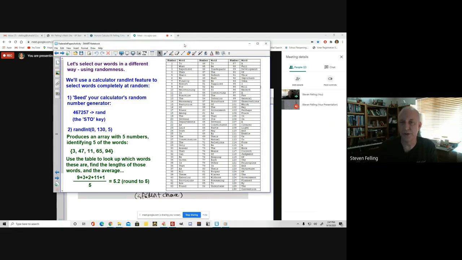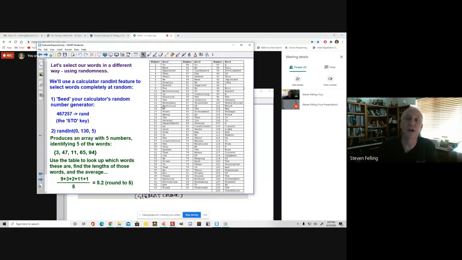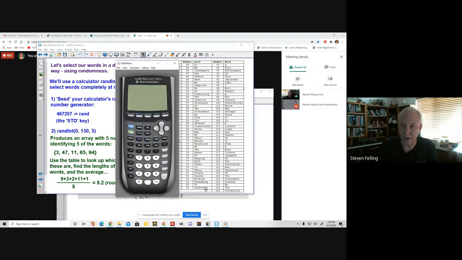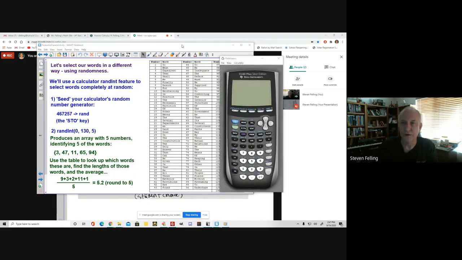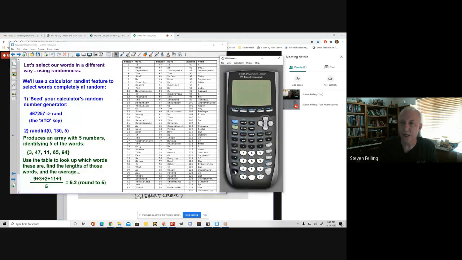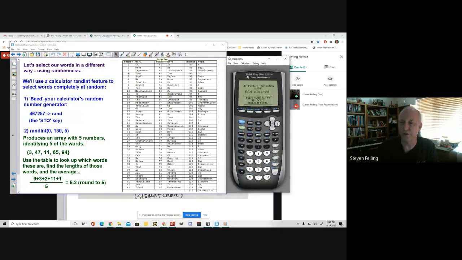So I'm going to show you a procedure you can use in your calculator to let your calculator generate random numbers. Okay, so if you have a TI-83 or 84, you can turn it on. And then the first thing you need to do is you need to seed the calculator. The calculator actually can't do anything random. It's programmed, right? But it has a whole long sequence of random numbers stored in its memory somewhere.